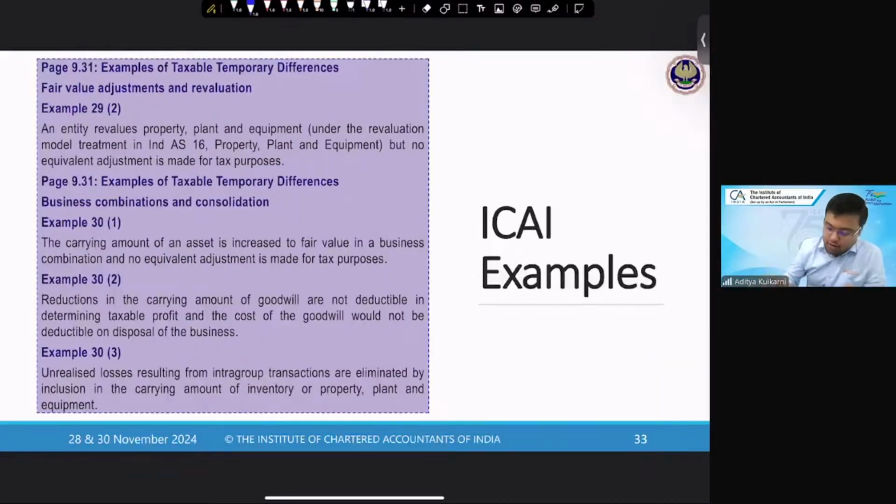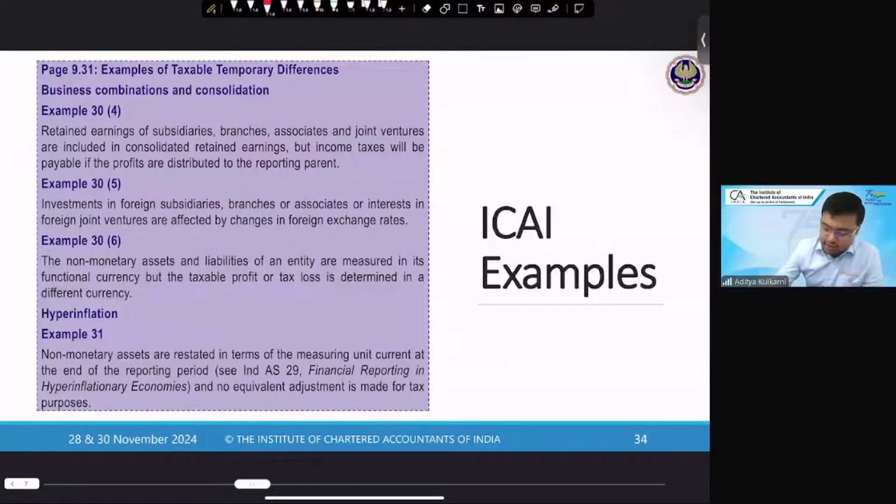This also. Business combinations, you leave this. You people have not yet studied. So this, you leave it. I will cover this separately. All questions relating to business combinations, you can leave. Hyperinflation, you can leave. All right.